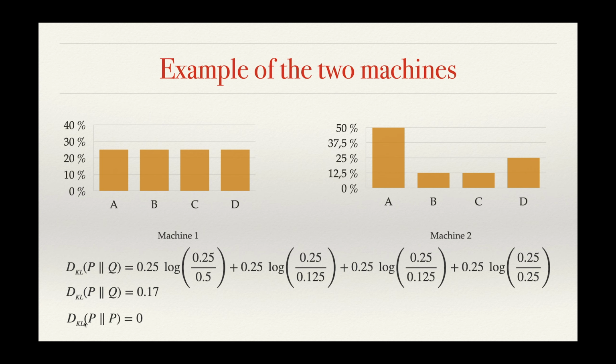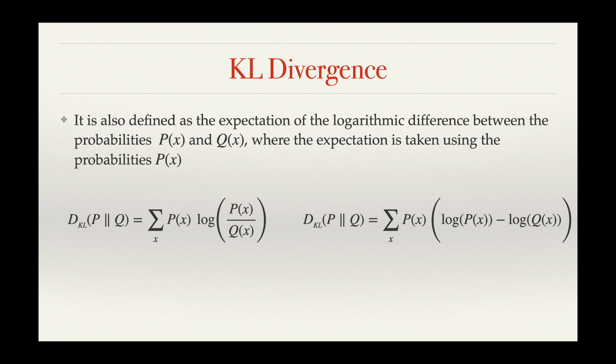If I apply the same formula but I put P and P here, I would get 0. That means there is no divergence at all between these two distributions. Because, as I said, if it is the same, this would be 1, then this would be 0.